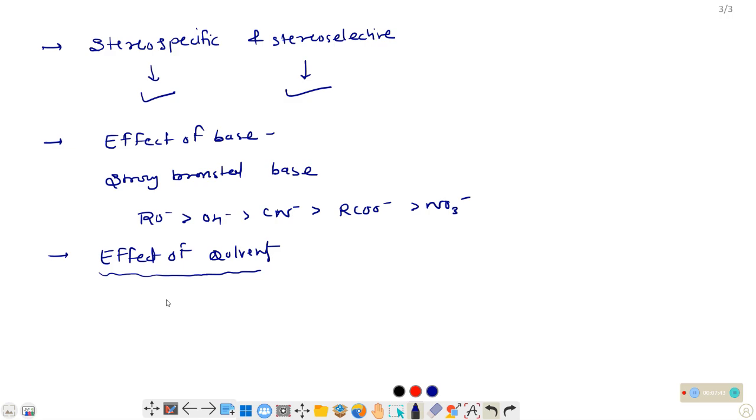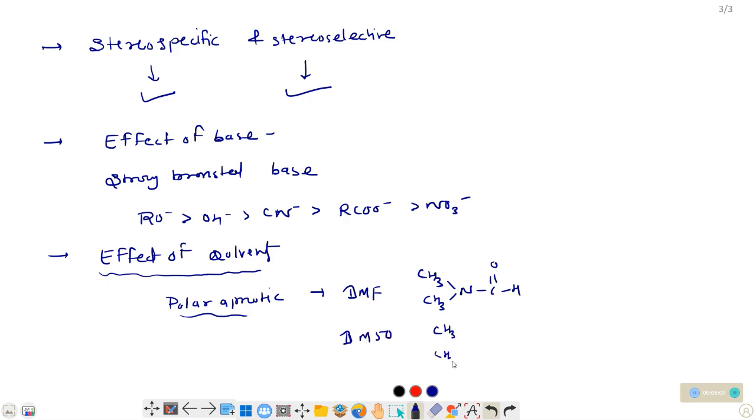Here we use polar aprotic solvents, like DMF, dimethylformamide, and DMSO, which is dimethyl sulfoxide. These are the polar aprotic solvents.